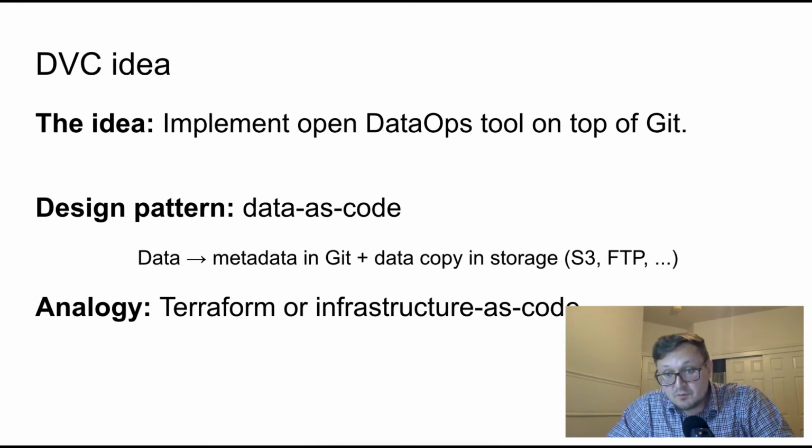So, how to implement DataOps principles on top of Git? We use a pretty common design pattern these days, which is called data as code. You probably know about the infrastructure as code pattern, especially people who are familiar with DevOps principles. They know tools like Terraform, for example, or Puppet, or Ansible.